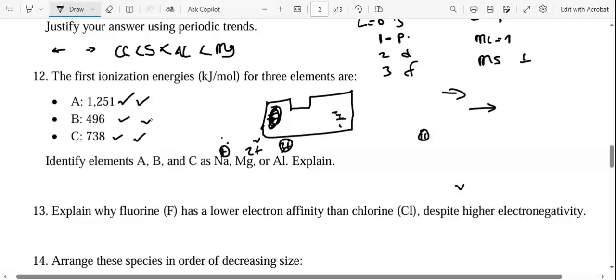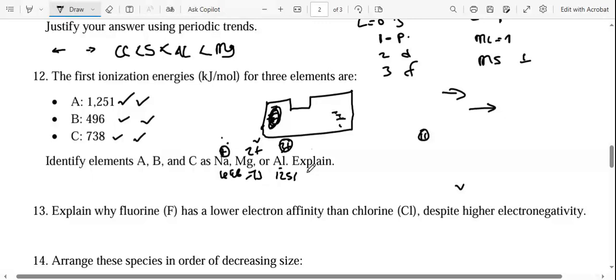So these are the ionization energies; you look at which one has a lot. That's the trend given here. Sodium will be given the least, which is 496. Then magnesium will be given 738. Then aluminium will be given 1251. Okay, that is it.